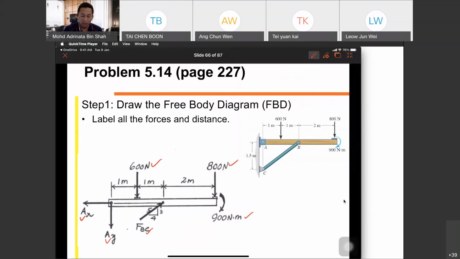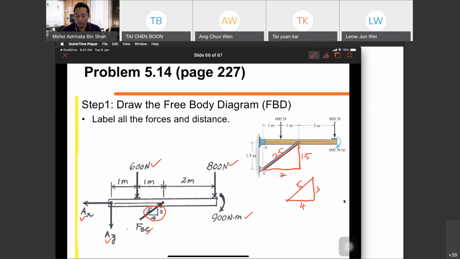How did you get this one? This is from here, the triangle, 1.5, 2. From the proportion, you can use 3, 4, 5, so this one is 2.5. On the calculator, 1.5 squared plus 2 squared, square root, is 2.5.